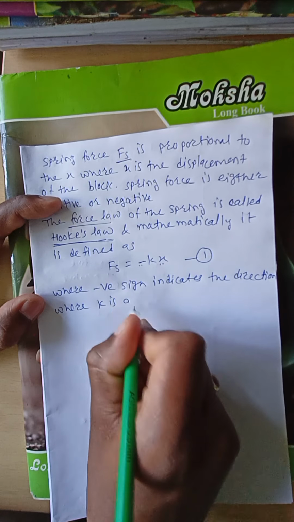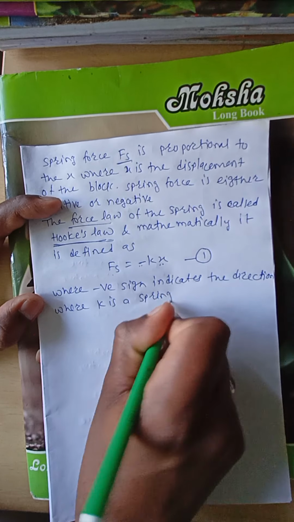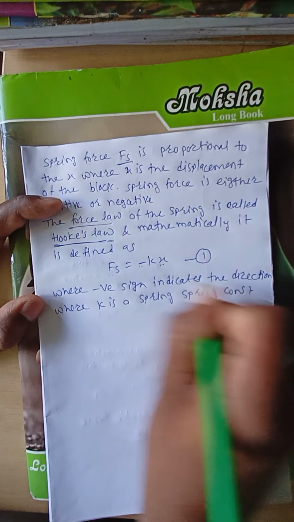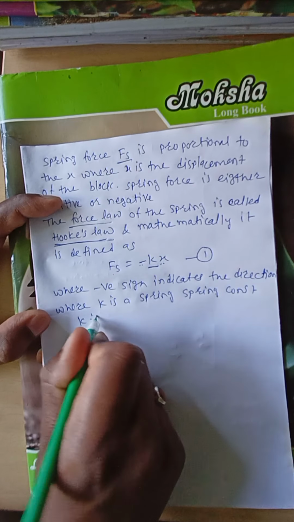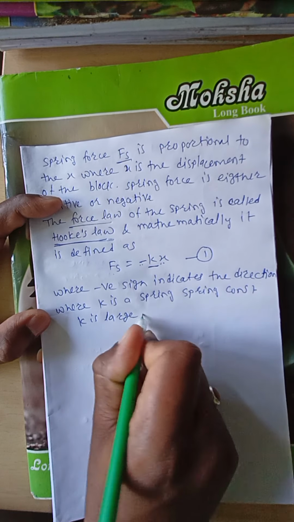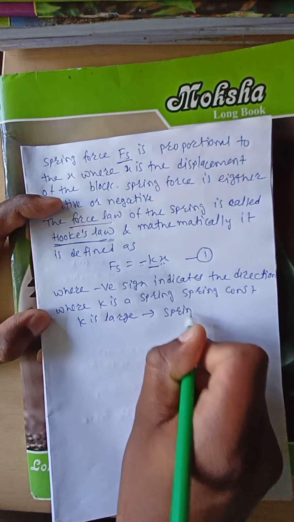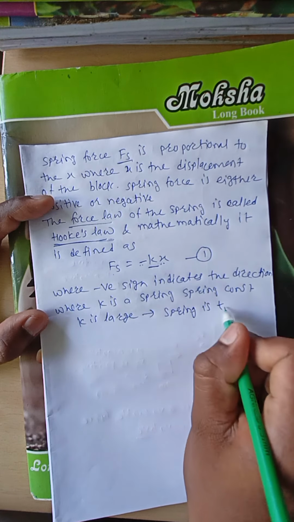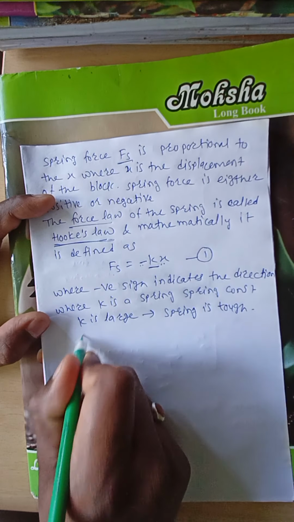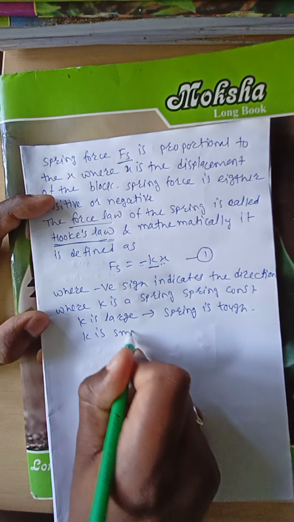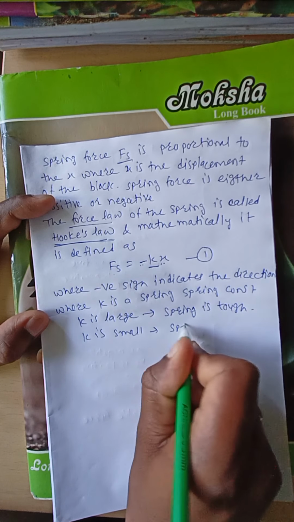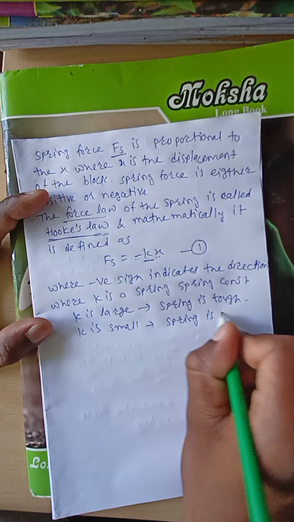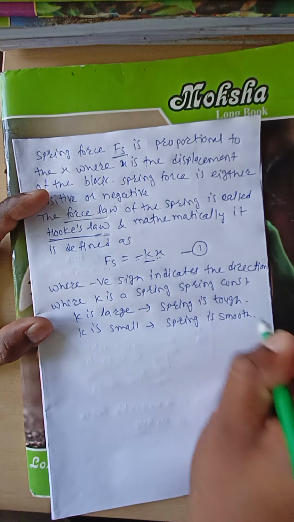Here k is the spring constant. When k is large, the spring is tough or hard. When k is small, the spring is smooth, loose or soft.